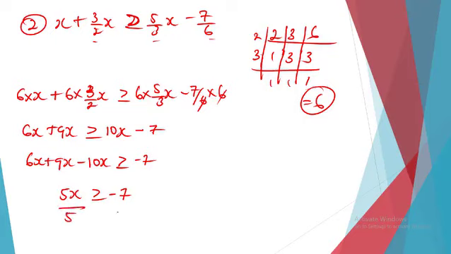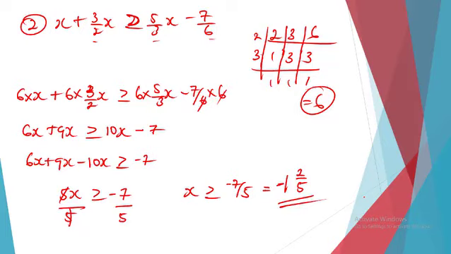We then have x over 5 and minus 7 over 5, and this 5 will eliminate this 5. x is then greater than or equal to minus 7 over 5, and that can be written as minus 1 whole number 2 over 5, such that 5 times 1 is 5, 5 plus 2 is 7 over 5. Okay, so that is the answer.